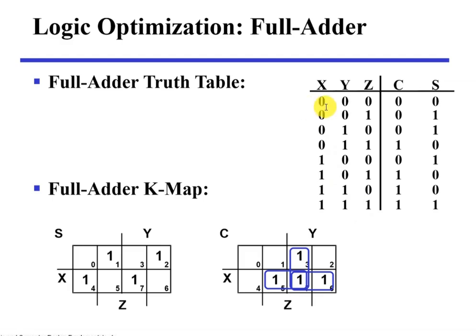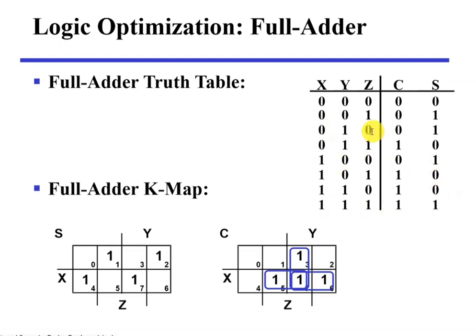Look, when all inputs are 0, right, the outputs are 0, S and then C. So S is equal to 1 when only, as you can see, one of the inputs is equal to 1, or when all 3 inputs are equal to 1.